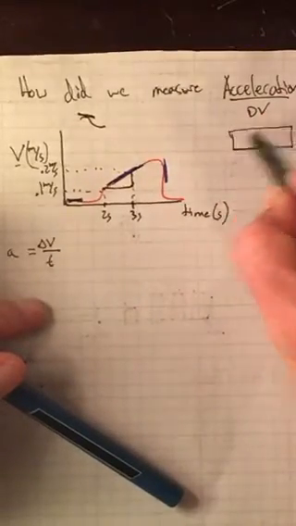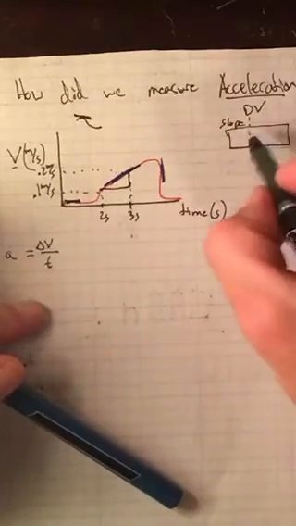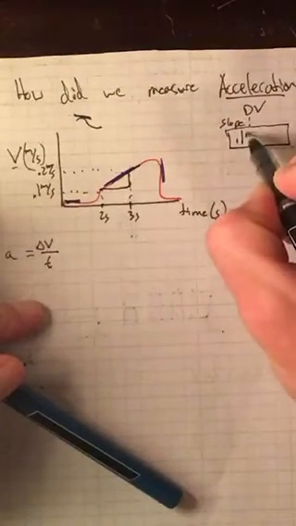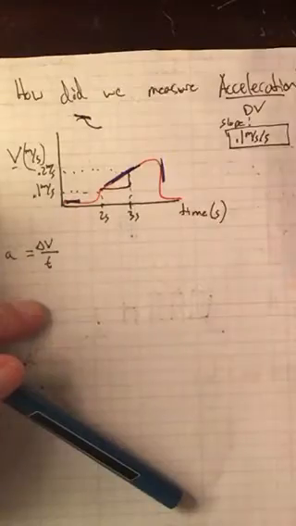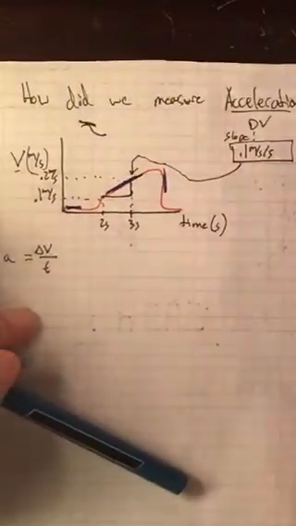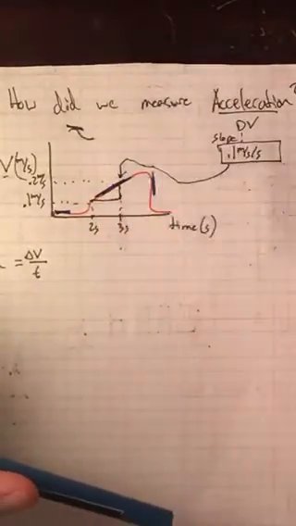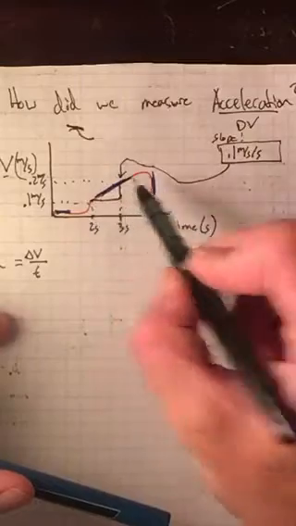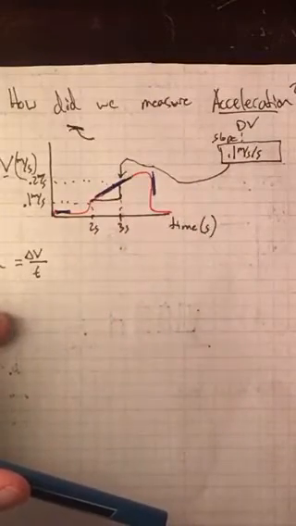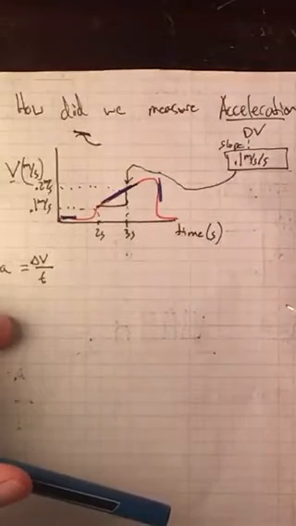And it said, slope equals 0.1 meters per second per second. That's what that slope is measuring right there. That spot where the velocity is increasing at a constant rate. That's how we measured our acceleration.